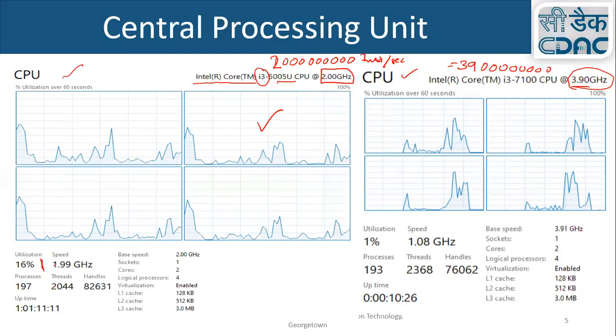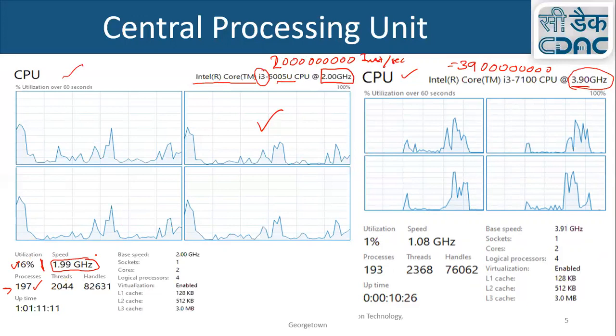Now go to the bottom side. This is your CPU utilization. Here you can see 16% CPU utilization. The number of processes or programs currently in execution phase or suspended phase is 197. And please see this speed, 1.99 gigahertz.